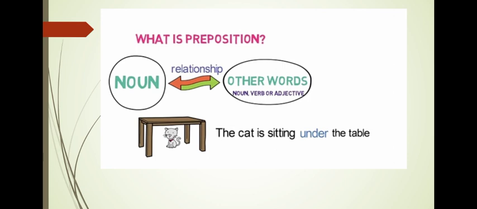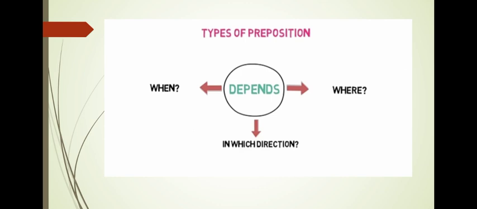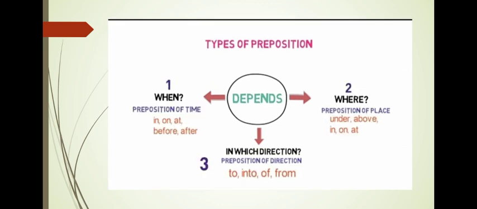Now, let us look into the types of preposition. These are divided into three types depending on three situations. The first situation is when, the second situation is where, and the third situation is in which direction.